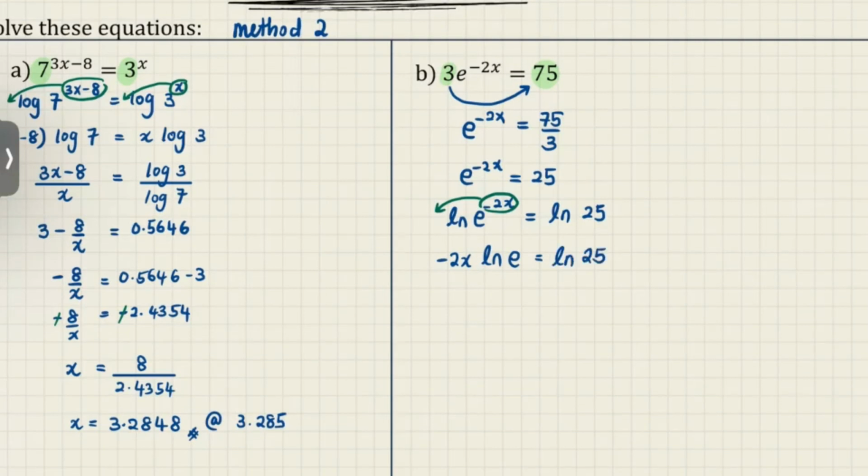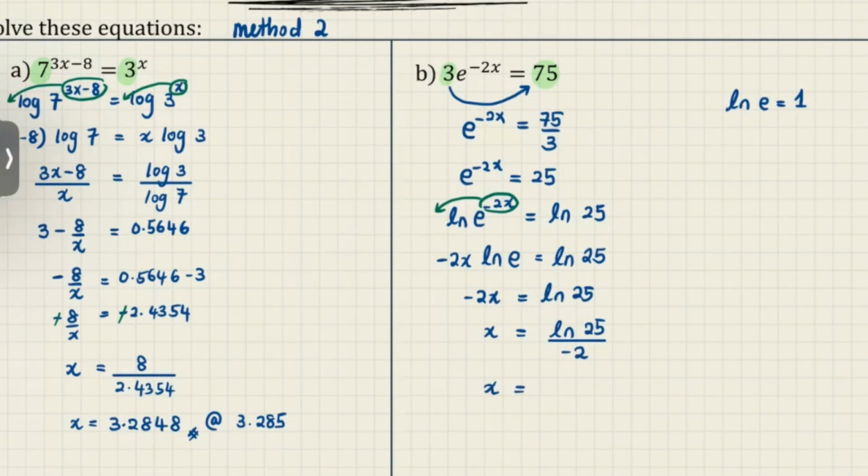Okay, ini adalah properties kepada ln lah. Ln of E dia akan always sama dengan 1. Okay. So dia adalah negative 2x equals to ln 25. And last sekali, x will be equals to ln 25 divided by negative 2.